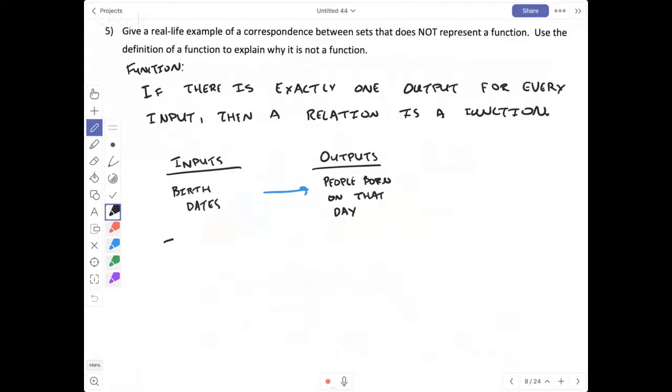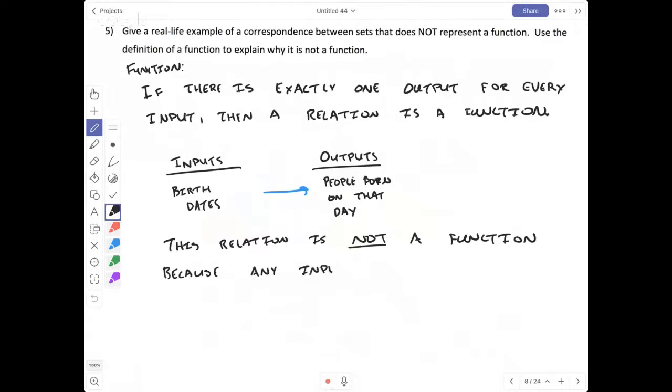And we'll say this relation is not a function because for any input date, because how about 4?